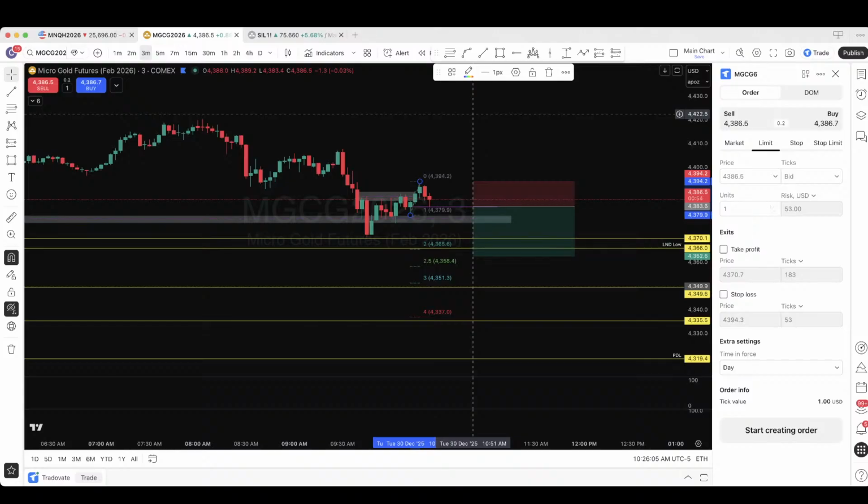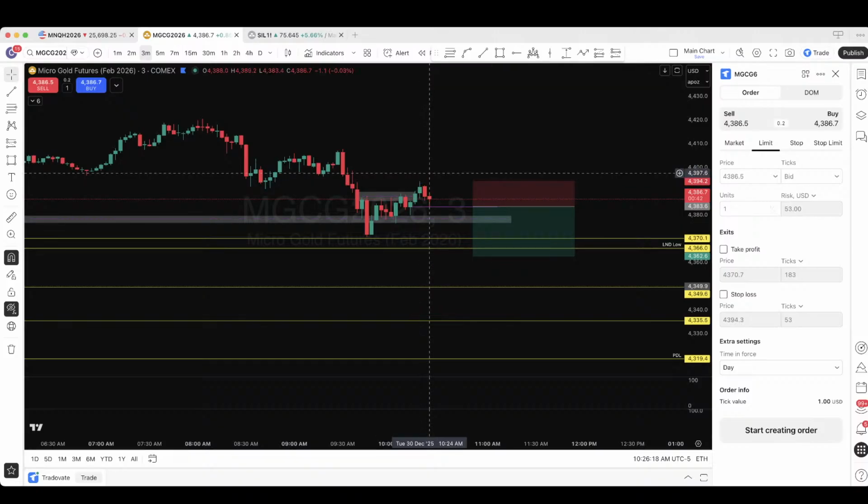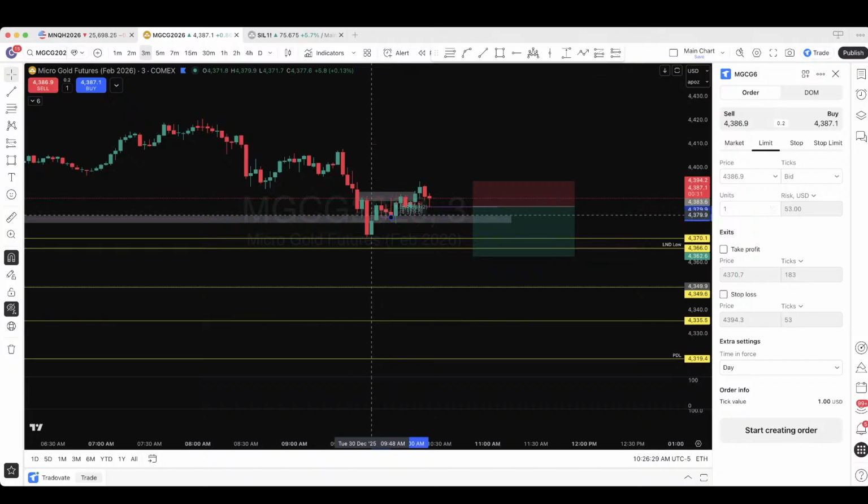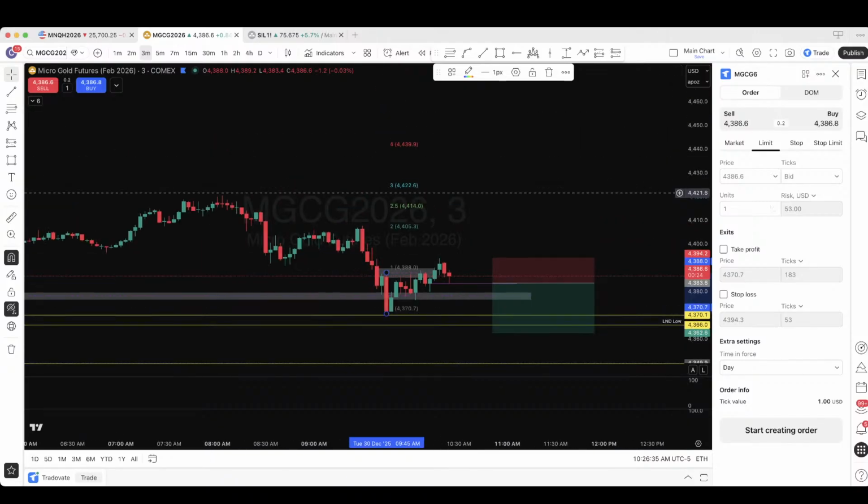That's real interesting. That's too interesting. Have that little order block there, have this bigger one here. Seeing both sides here.